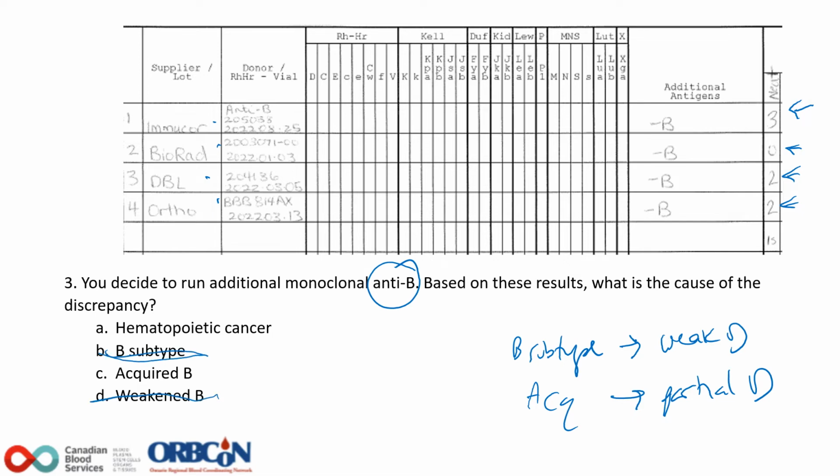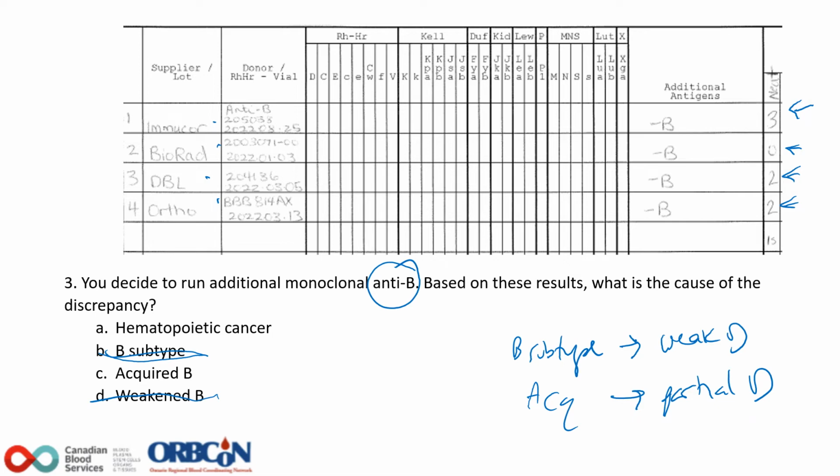And then hematopoietic cancer. Hematopoietic cancer can cause DNA disruptions through various mechanisms. For example, with MDS, you get hypermethylation, which shuts down genes, or you can get DNA degradation from the fact that they're replicating and DNA gets not destroyed, but kind of messed up during the replication process.